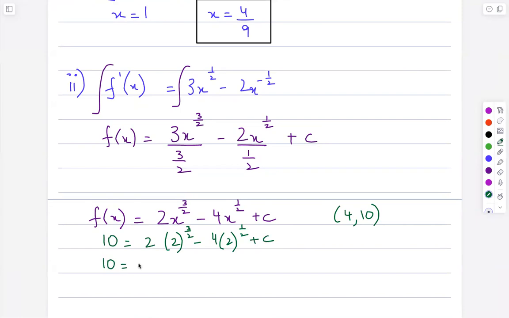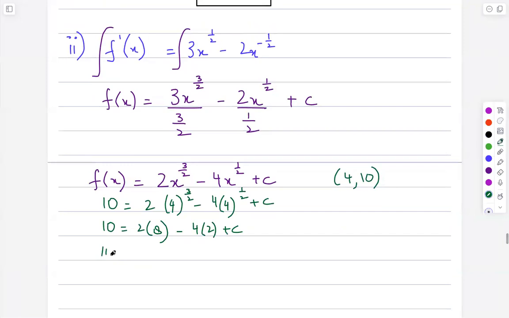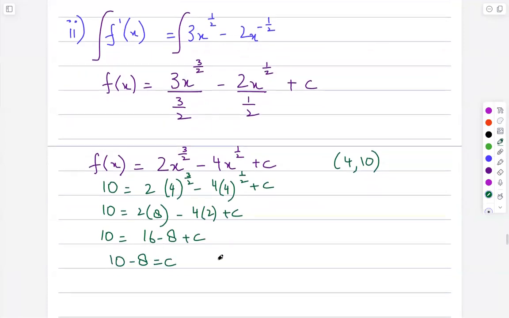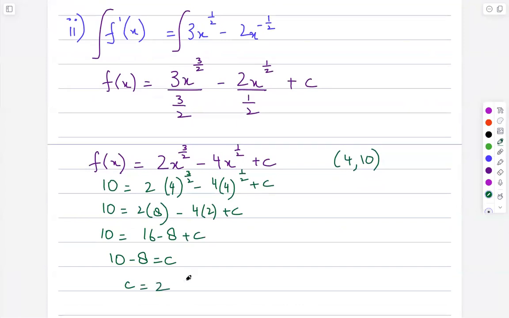We have to substitute x equals 4 here. The square root of 4 is 2 and 2 cubed is 8, minus 4 into the square root of 4, which is 2, plus c. So 10 equals 16 minus 8 plus c. 16 minus 8 is 8, and 10 minus 8 equals c. So the value of c will be 2.